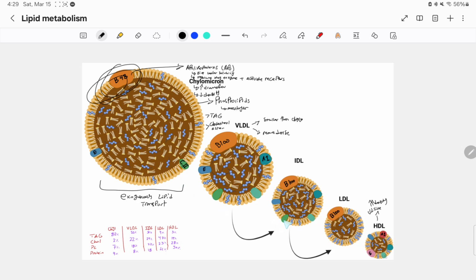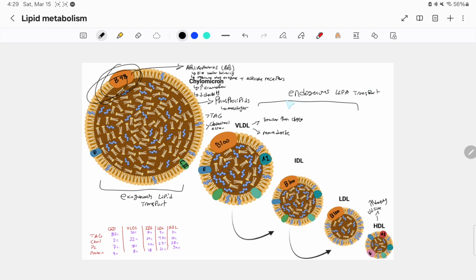The VLDL, the IDL, and the LDL, they participate in something called endogenous lipid transport. And this one, again, is pretty self-explanatory.